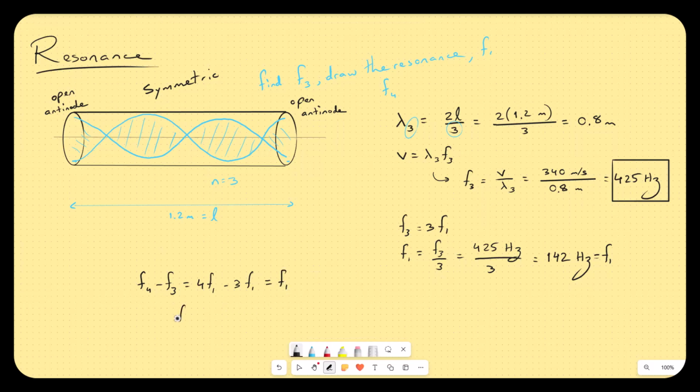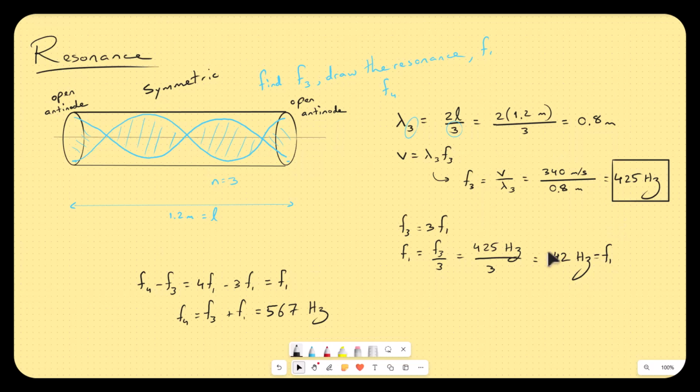So if I want F4, I can say it's F3 plus F1. I know both of these numbers already. I've got 425 plus 142 makes 567. So I'm going to get my next one at 567 hertz. I could also go through this process again and find it.